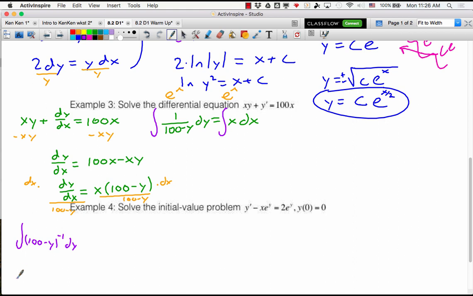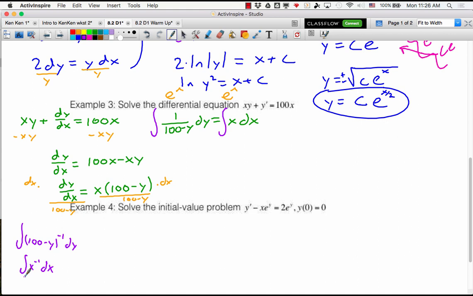Does anyone think that this might work? How do you integrate this? The integral of x to the negative 1, what's this one? Galen, say it a little louder. It's the natural log of x. If it's to the negative 1, it's definitely natural log.